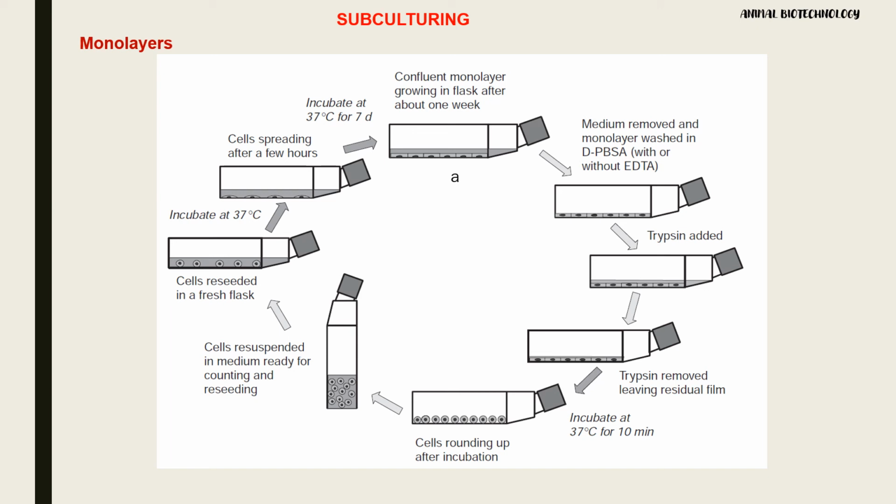These cells are reseeded into a fresh flask and incubated at 37 degrees centigrade. The cells are spread out within few hours in the culture dish and then fresh media is added and then incubated at 37 degrees centigrade for 7 days.